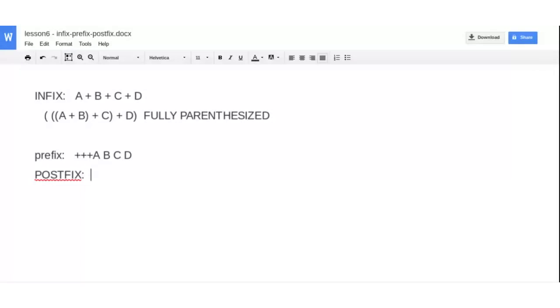Okay, so I think I'll let you try the postfix as an exercise. I'll leave it for you to try at your own time. How can you do the postfix conversion in the case that we have here.